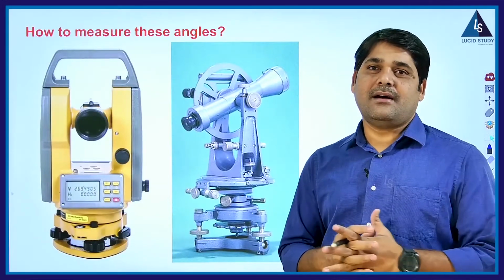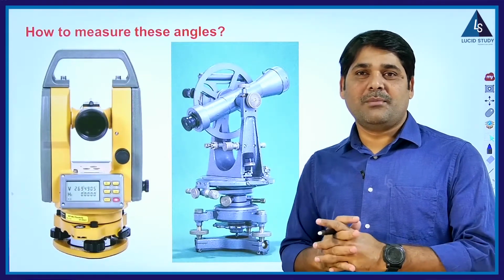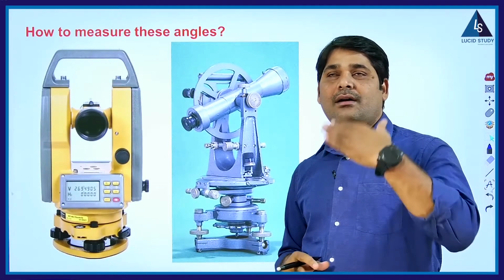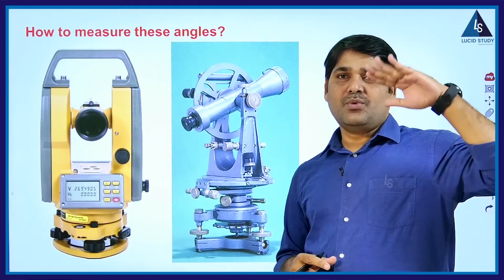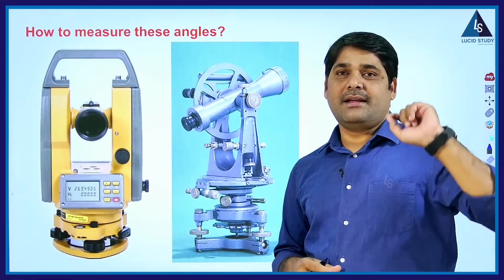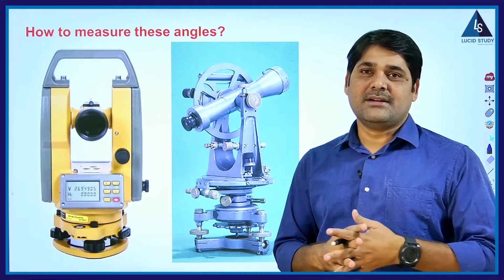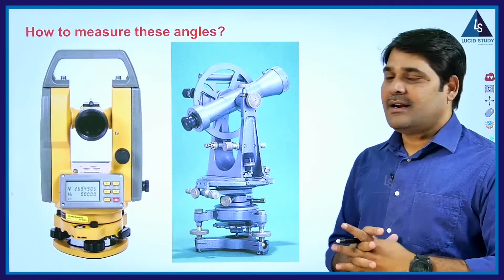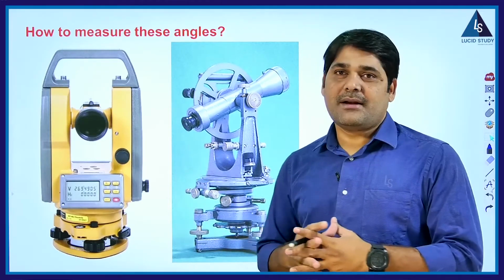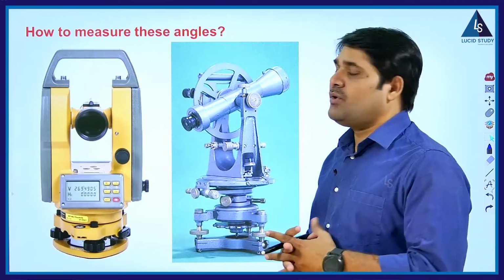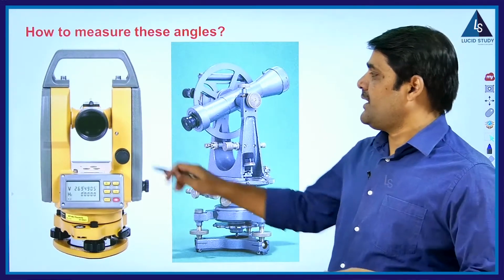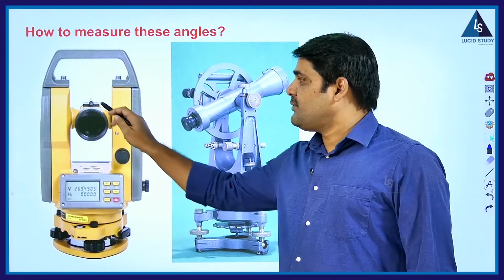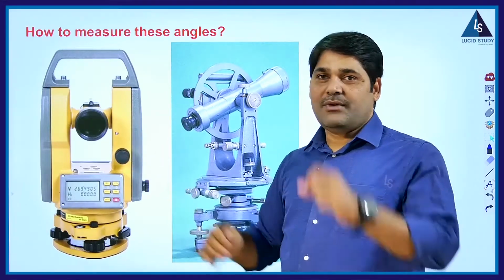Okay, how to measure the angle? Suppose I want to see the top of the tree, how much angle do I have to look at so that I can see the top of the tree? There is a specially designed apparatus called a Theodolite. See, a Theodolite will be like this. You will watch from that side and it will move like this.